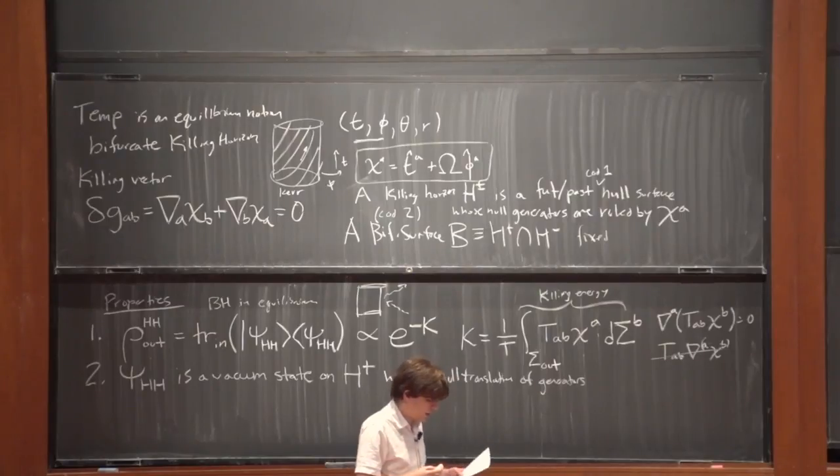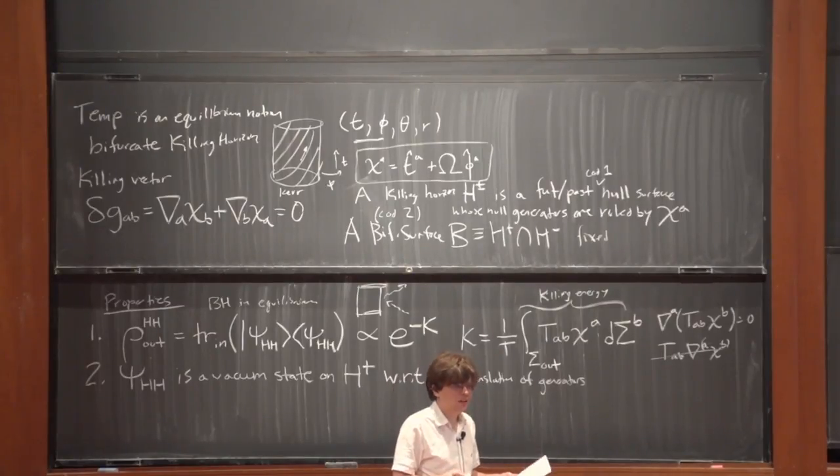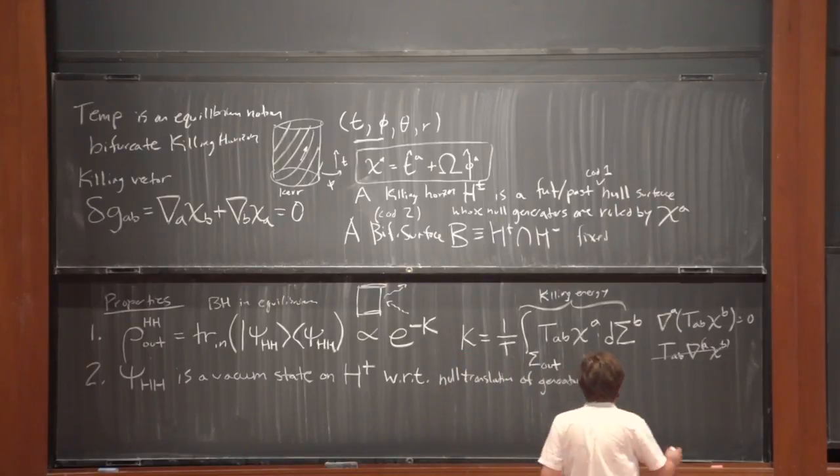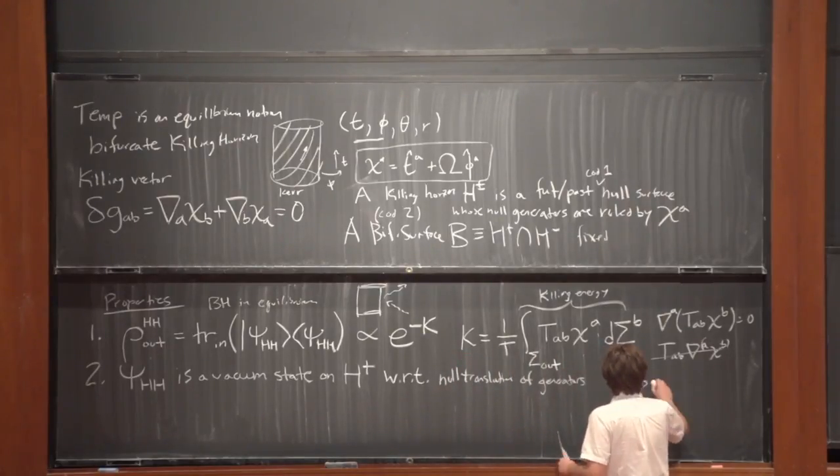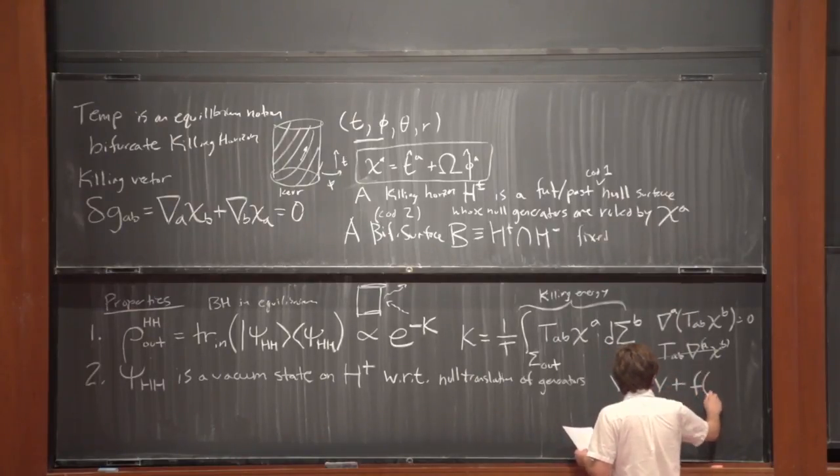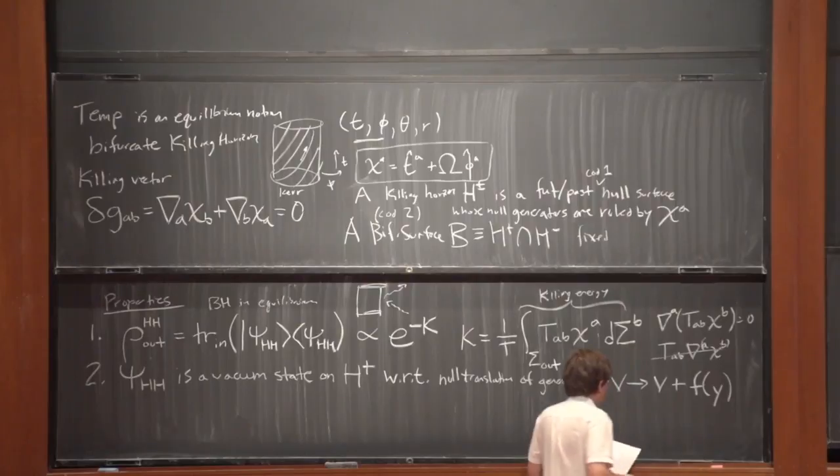So Ed actually ended his talk by talking about these symmetries that generate the shift of a null coordinate. He wrote u, but I'll write v. It goes v plus f of the transverse directions y.